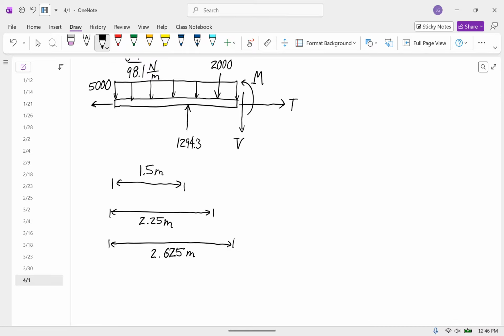And now I'm going to calculate for that distributed load. I want to represent that as a point force. It has a length of 2.625, a height of 98.1, and so the centroid is half of 2.625, which is 1.3125.